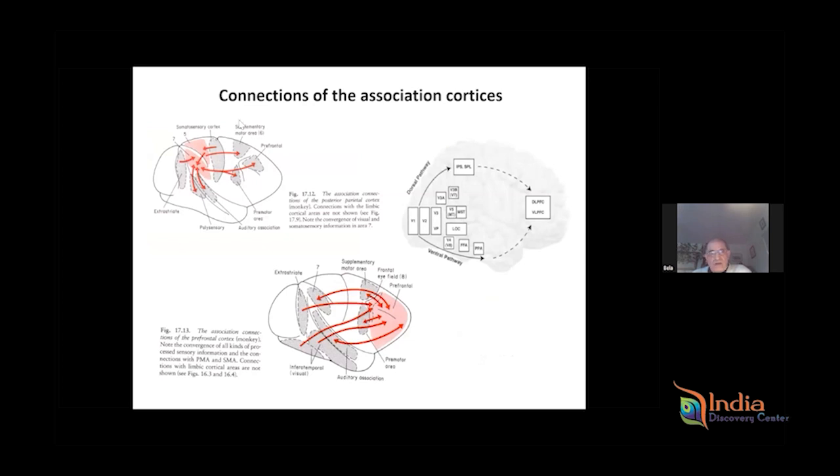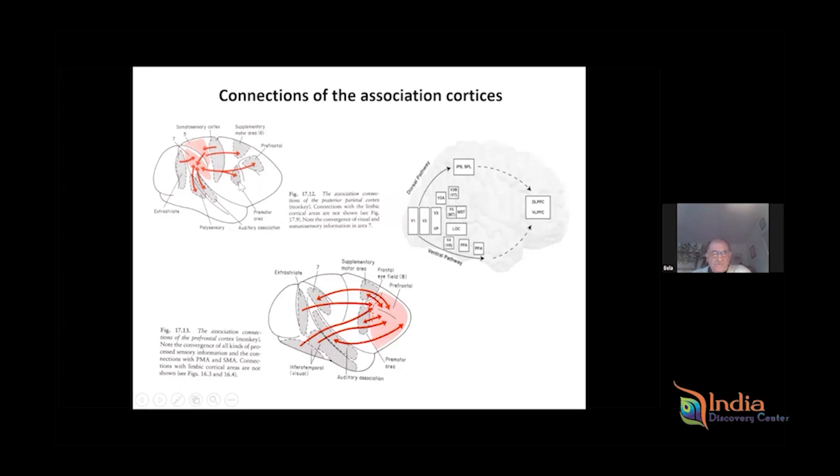So far, using different histological techniques, the anterograde and retrograde tracing, the researchers discovered a very diffuse connection between the different brain areas.